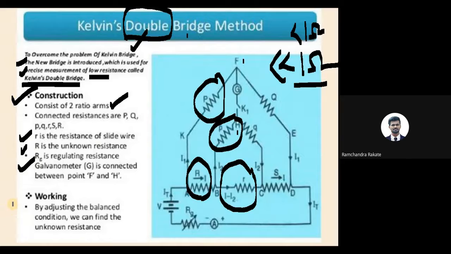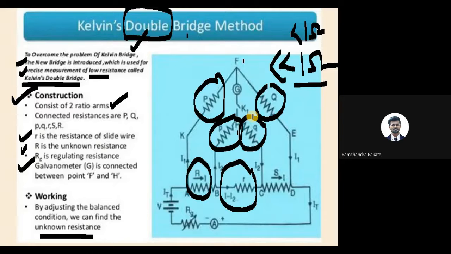Now, working. By adjusting the balance condition, we can find the unknown resistance. How can we adjust the balance? We form one equation, and on that basis we vary the values of capital P, capital Q, small p, and small q.